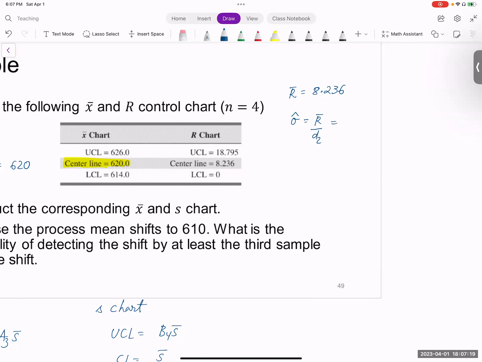I can say that sigma hat is 8.236 divided by 2.059, which is 4. Now, if I have sigma hat, I also know that sigma hat can be estimated using S bar divided by C4, which means I can estimate S bar equals sigma hat times C4. C4 is available from the table. This gives you 3.865. And that's exactly what we needed.